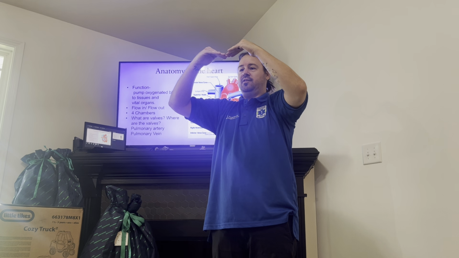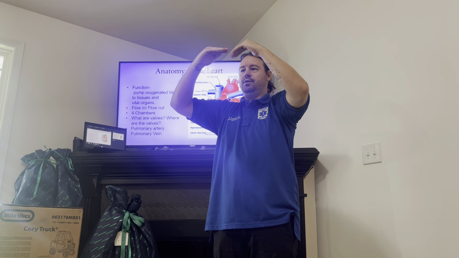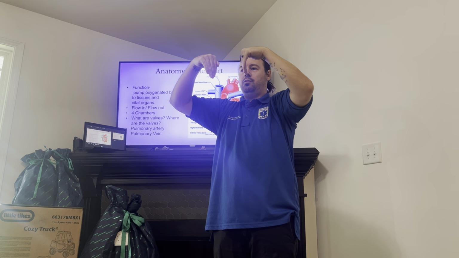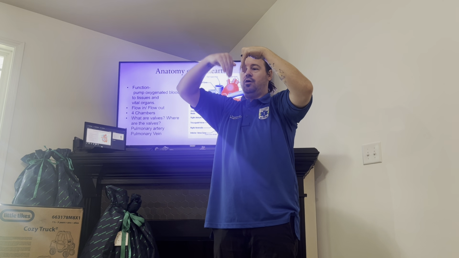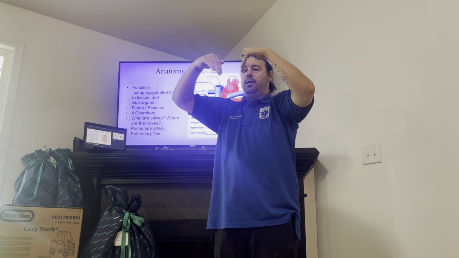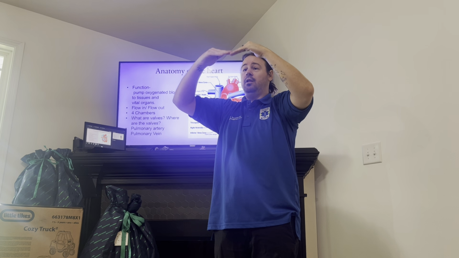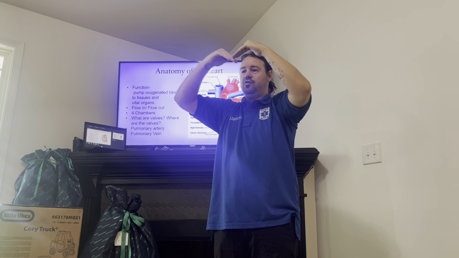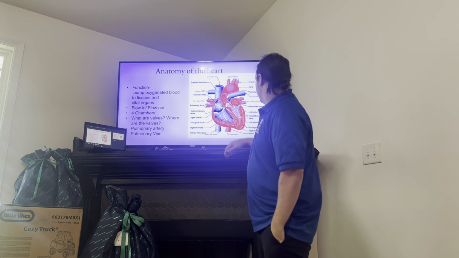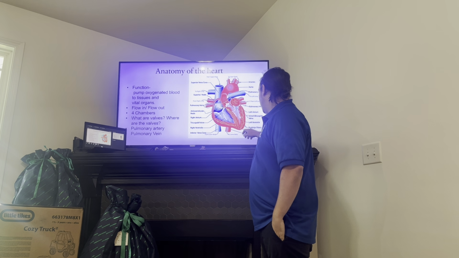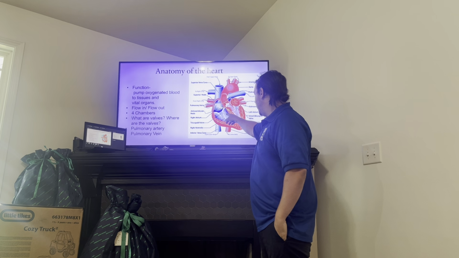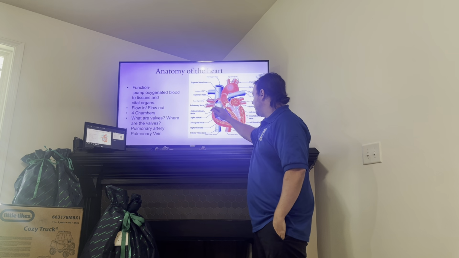These are the leaflets. In a bicuspid valve, there's 2 leaflets. Blood goes through, and then when they close, no longer can blood go backwards, right? So there's 2 leaflets on the left side, and there's 3 leaflets on the right side.